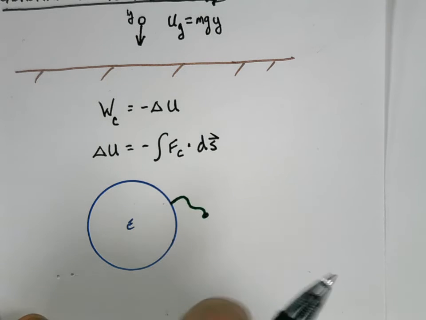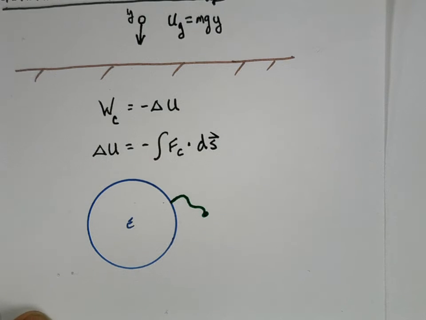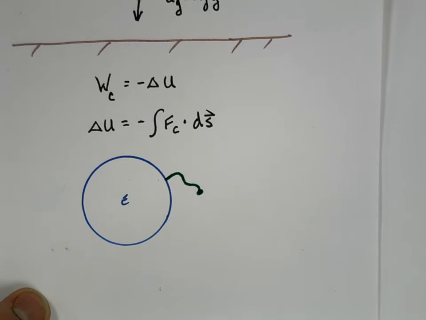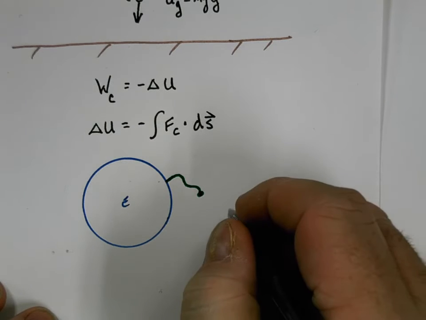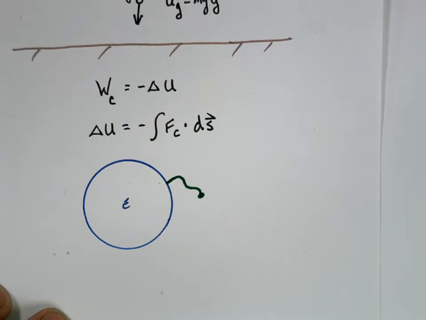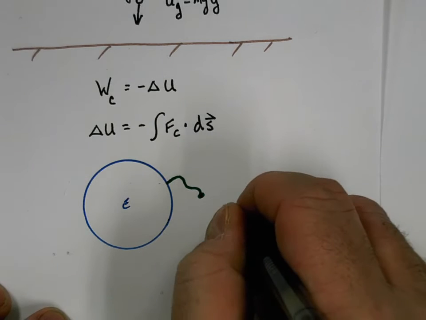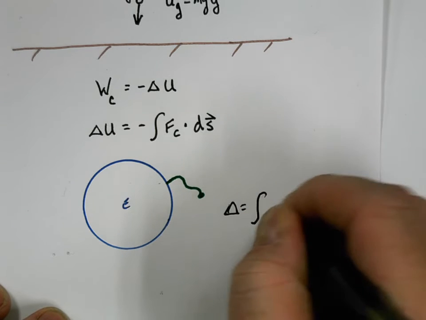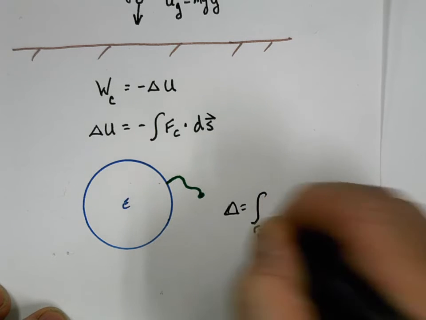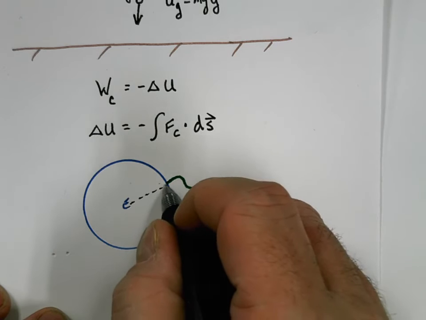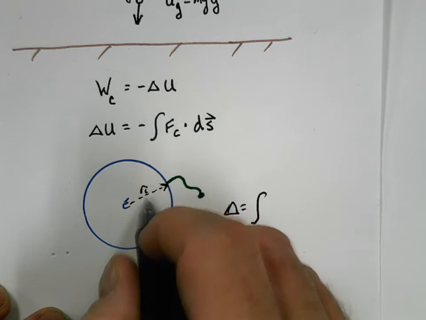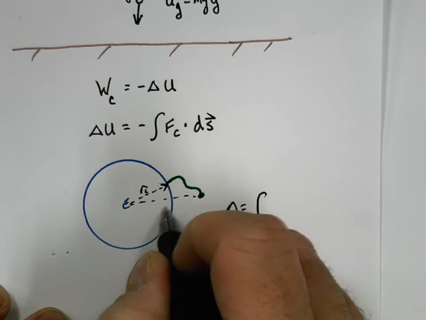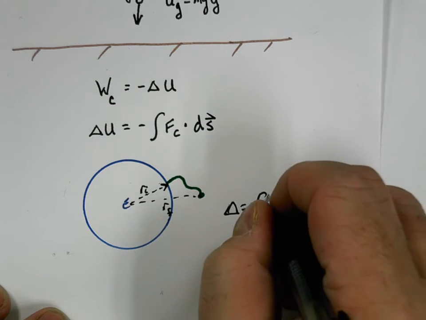Out here. Okay. Well, because the work and energy is non-path dependent, it is path independent, our delta U, our change in our potential, is equal to the integral from our initial radius, our initial distance from the center of the Earth, which is this, r_i, to r_f.